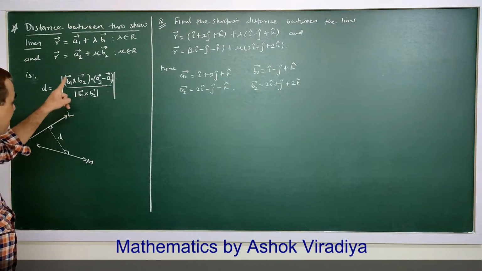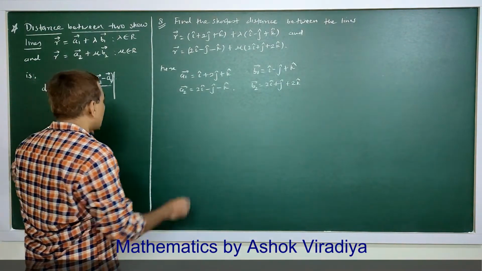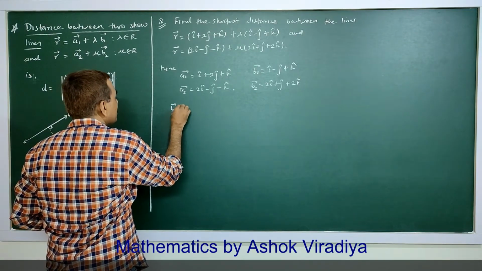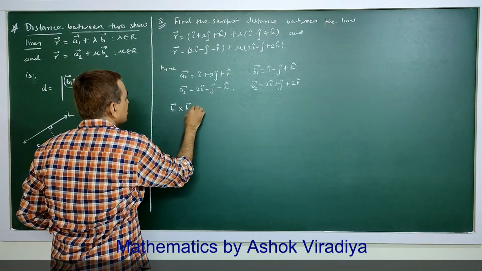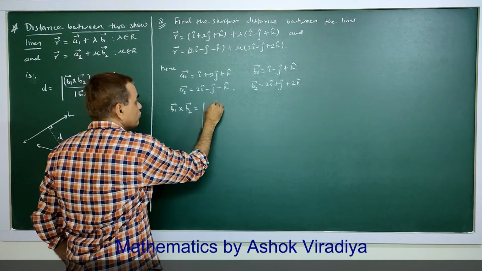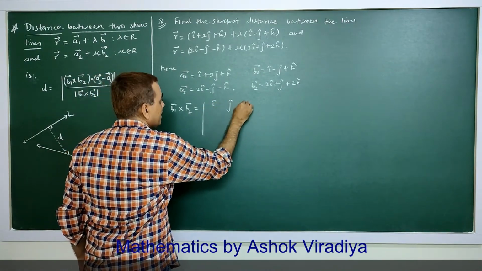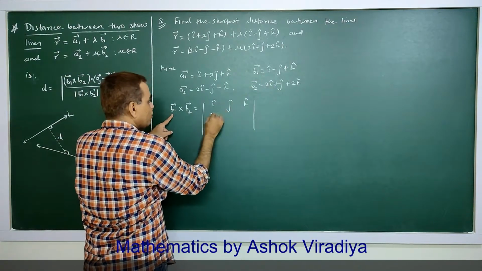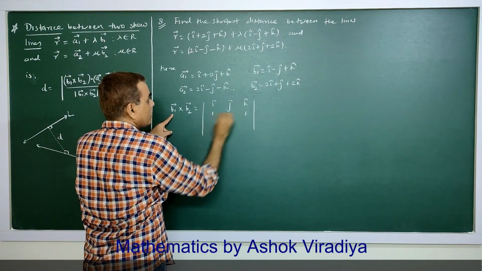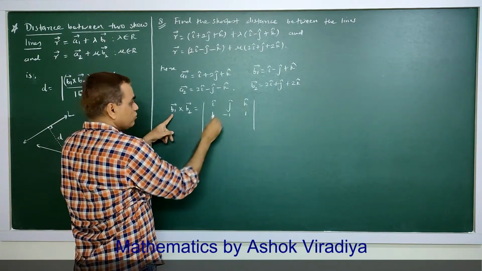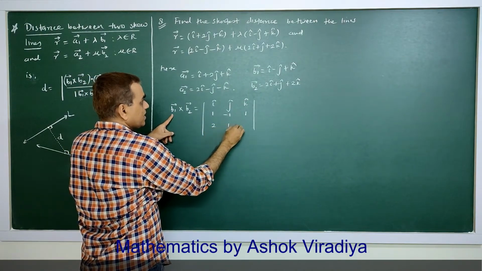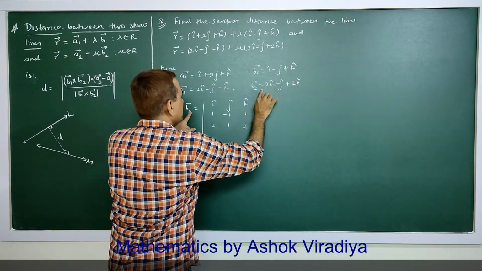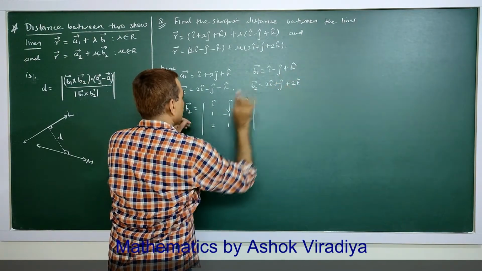Now the term required to put in this formula is b1 cross b2. First of all we find vector b1 cross vector b2. So b1 cross b2, that is i j k, b1 that is 1 minus 1 1, b2 2 1 2. We keep scalar components 1 minus 1 1, 2 1 2.